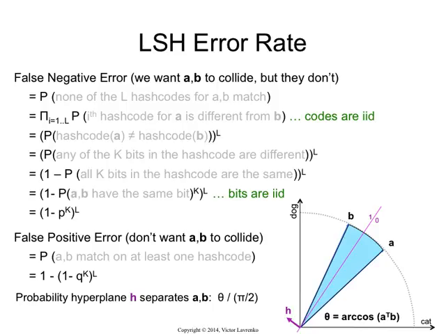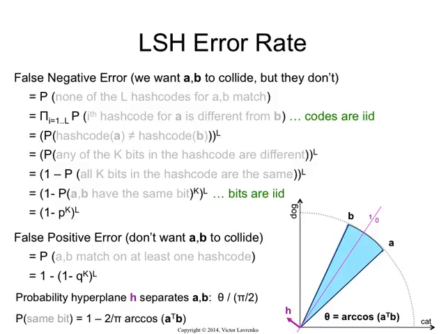So the probability that a given random hyperplane is going to cut between A and B is just theta, the angle between the documents, divided by the overall angular size, which in this case is pi over 2.